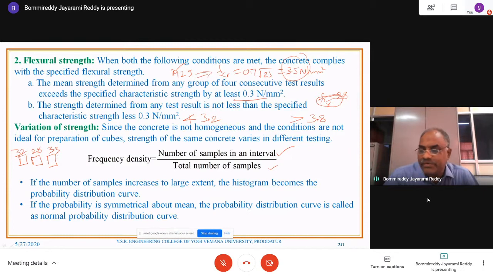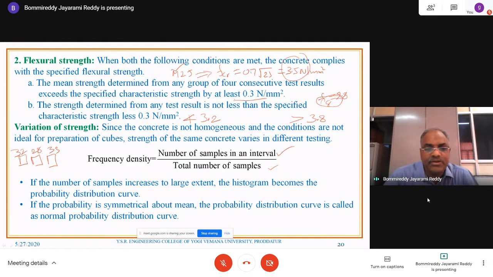So that means the difference is in the preparation of the cubes, that means compaction, workability, etc., and also variation of the properties of the concrete. Then because of non-homogeneity and the rate of application of the load on the cube, etc., the results may not be exact.